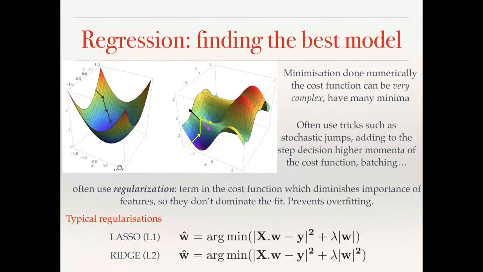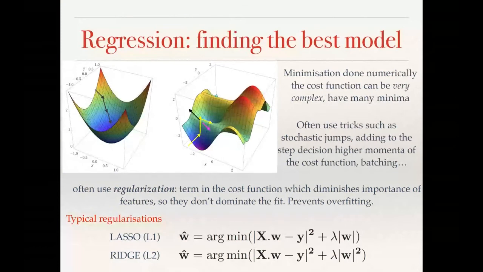And often you also want to use regularization, which means as you are hopping around and trying to decide what is a better minimum or better situation, you might want to avoid the importance of some features. To put an example, some features have large values, and those large values are then driving the whole fitting procedure to a particular point.